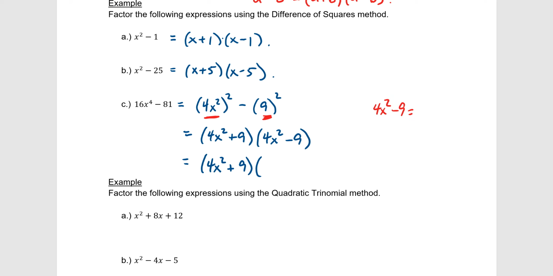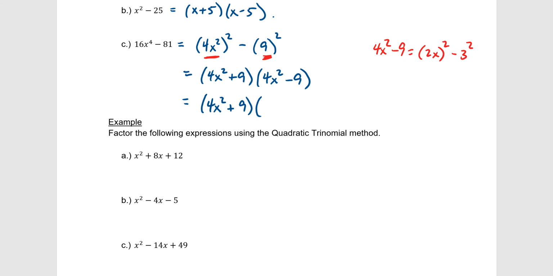We can do that one more time using difference of squares factoring, because that is the same as 2x, all squared, minus 3 squared. And once again, you don't have to write that. That's just for a visual. So we can factor the second one as 2x plus 3 times 2x minus 3. So for this particular one, we had to do difference of squares twice.